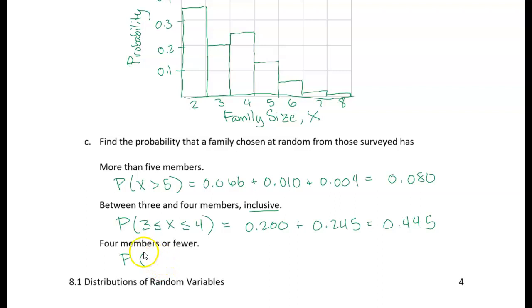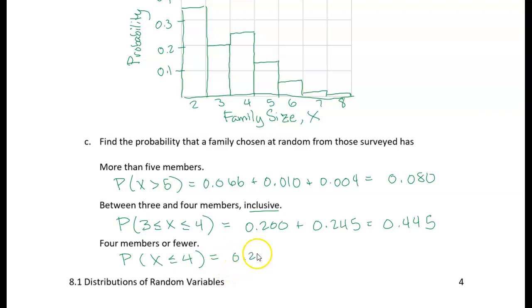And then finally, what's the probability that a family has fewer than 4 members? Actually, I have to read this carefully. It says 4 members or fewer, which seems to include 4. So I want x less than or equal to 4. I'm going to add up the probabilities for 4, 3, and 2.